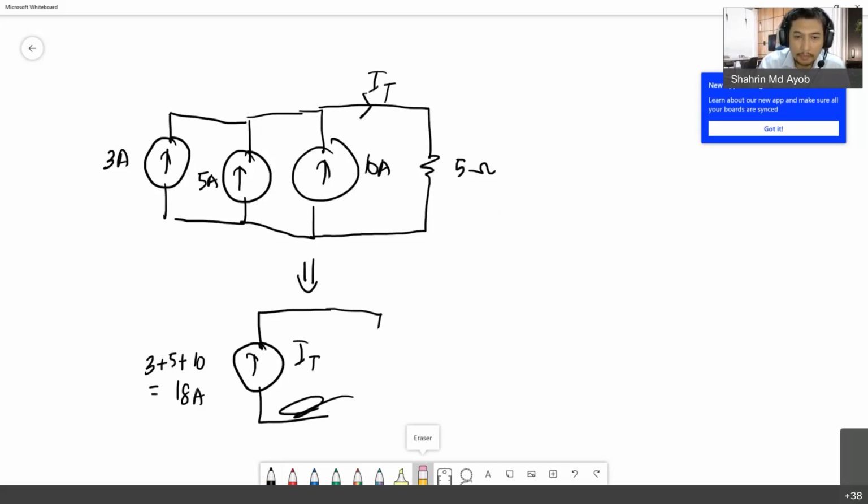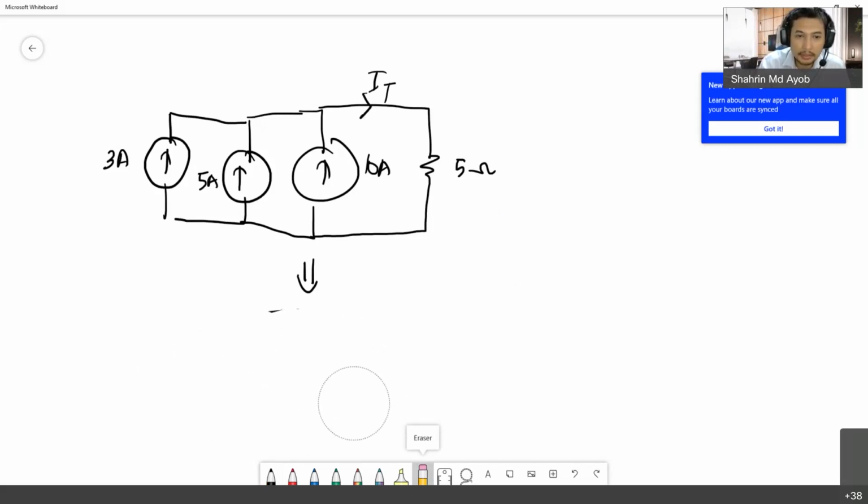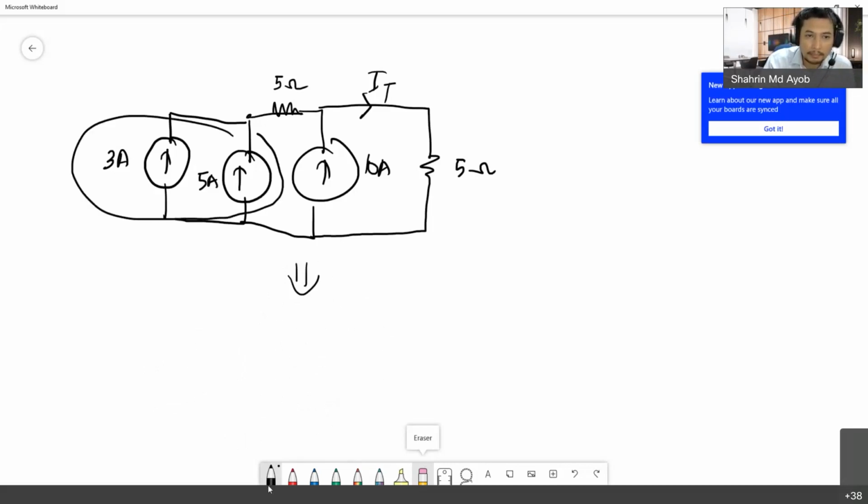But if you have a circuit like this, where in between 5 amp and 10 amps you have a resistor, 5 ohms, you cannot sum 10 amp and 5 amp. You cannot sum them. What you need to do is simplify this, but you can only combine 5 amp and 3 amps only.